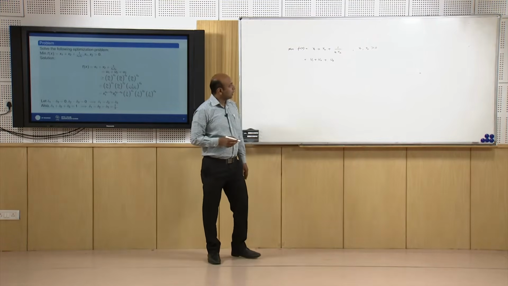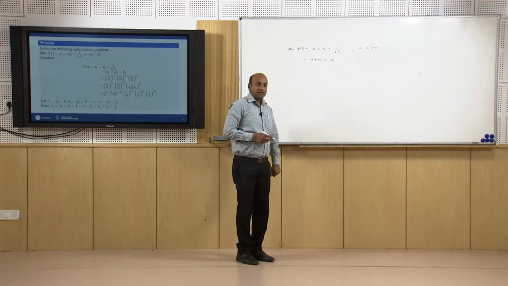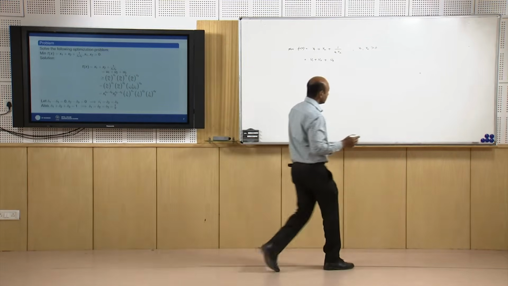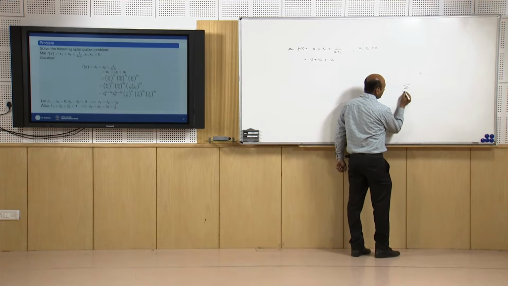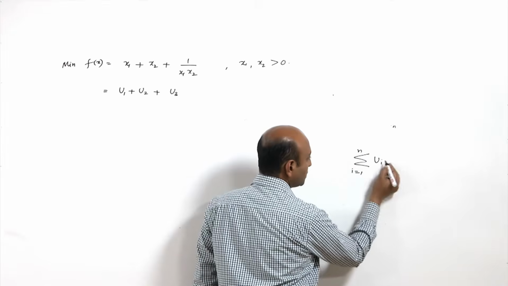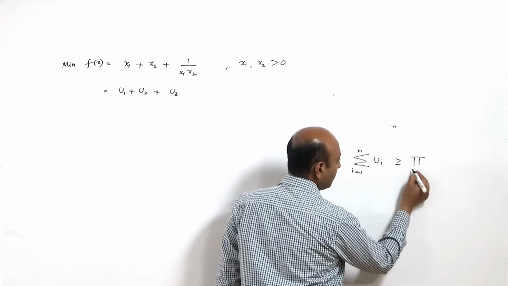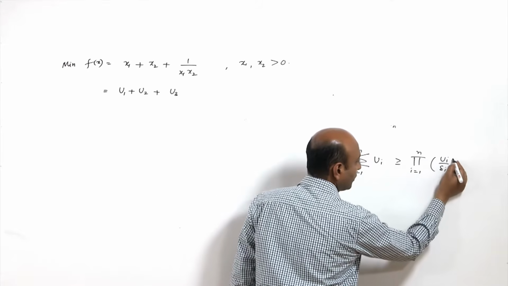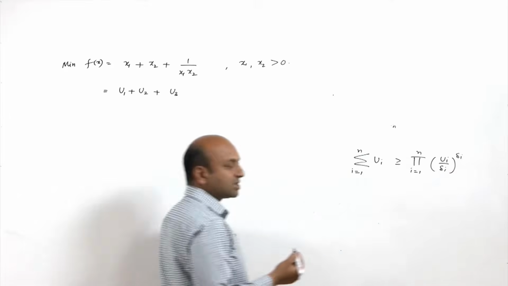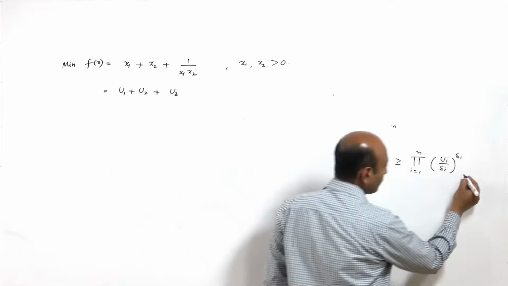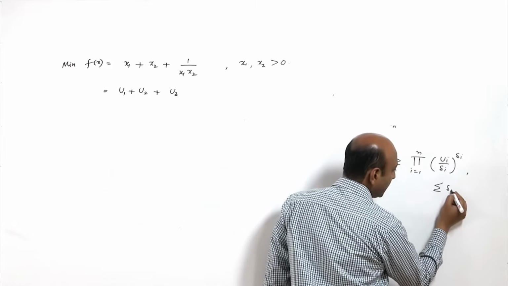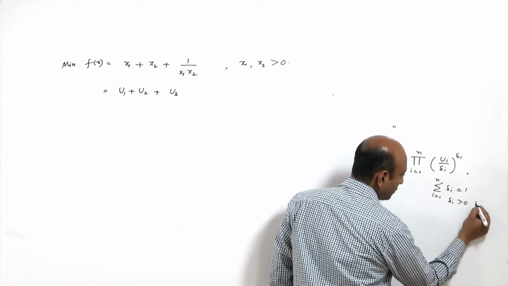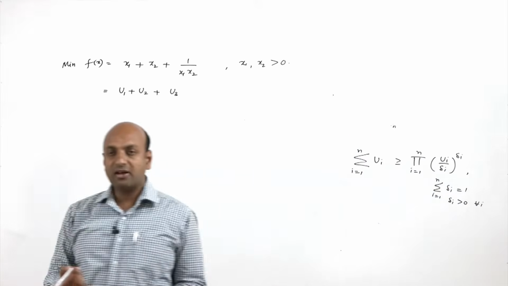Now, we have just studied that the sum of i from 1 to n, ui is always greater than or equal to product i from 1 to n, ui upon delta i whole raised to power delta i, where sum of delta i is 1, i varying from 1 to n, and all delta i are strictly greater than 0. This inequality we have just seen.